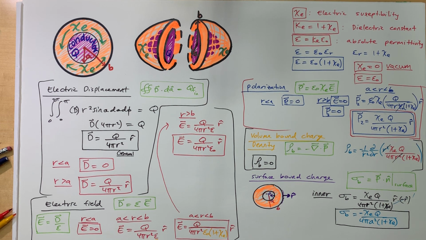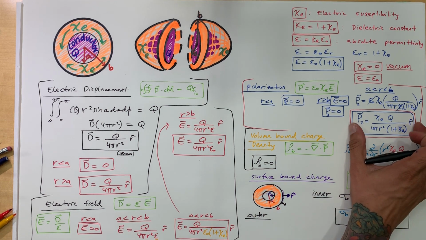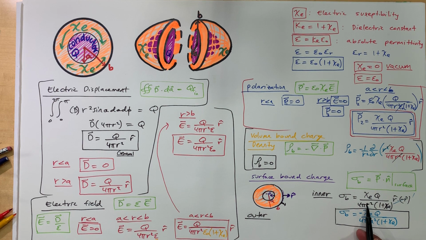Okay, and similarly, let's do the outer, or B. So now we're going to go to B right here, and the only direction where we have surface bound charge is going to be outward, in the radial direction. And similar to this, because the polarization is the same, our R is going to be evaluated at B, because that's now the surface.